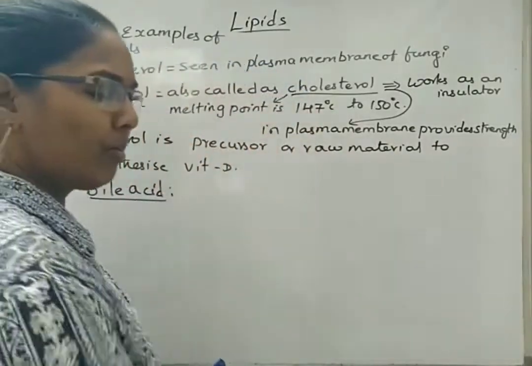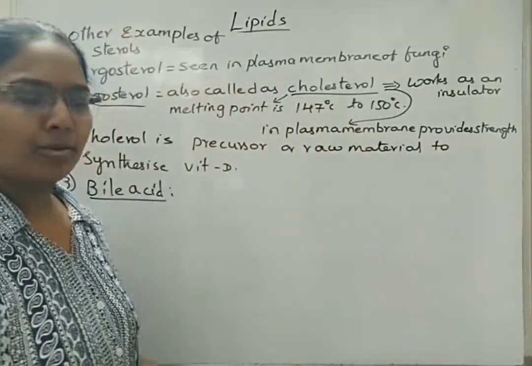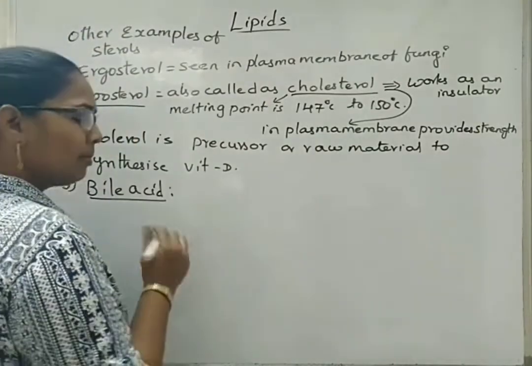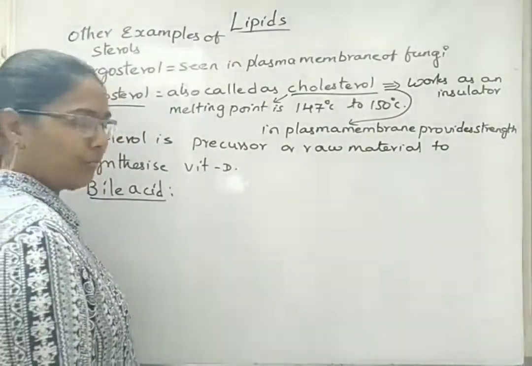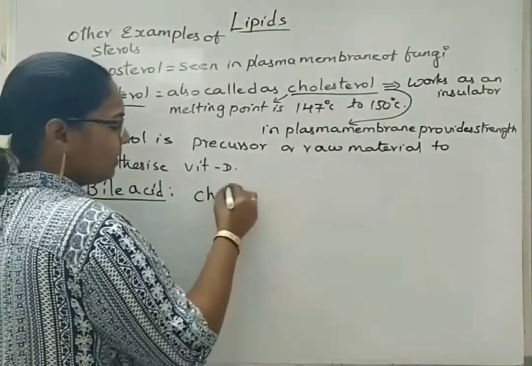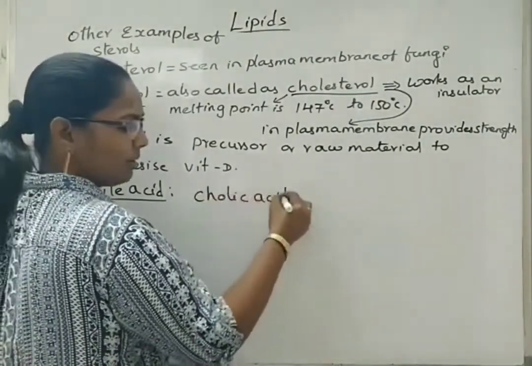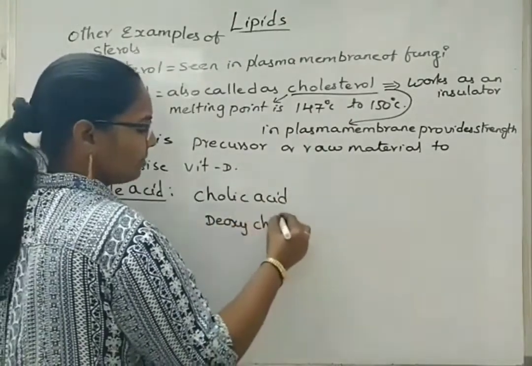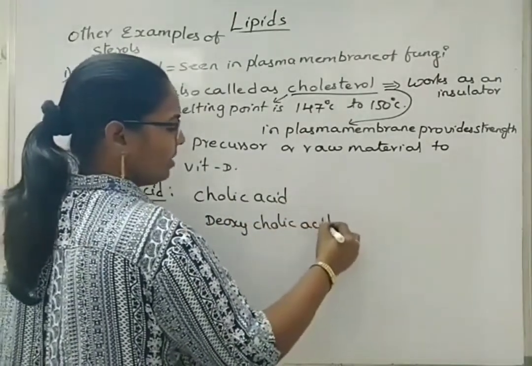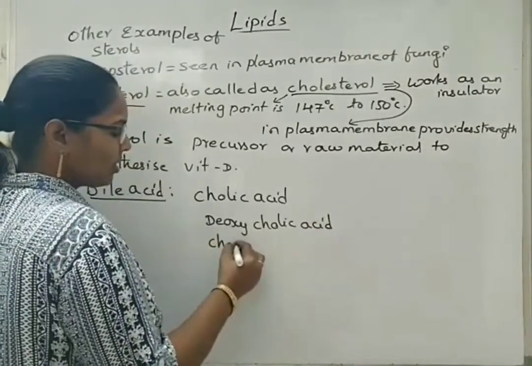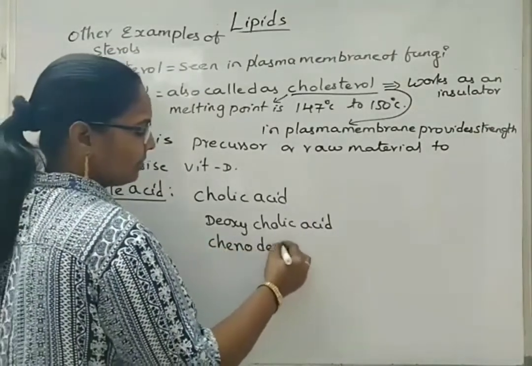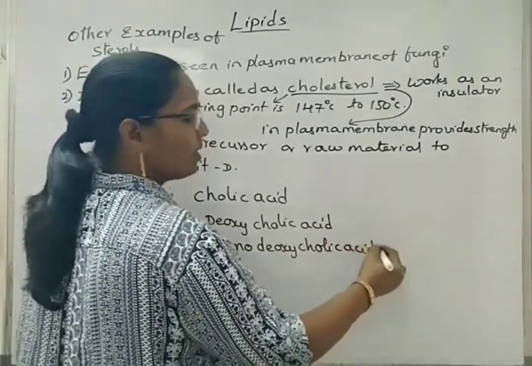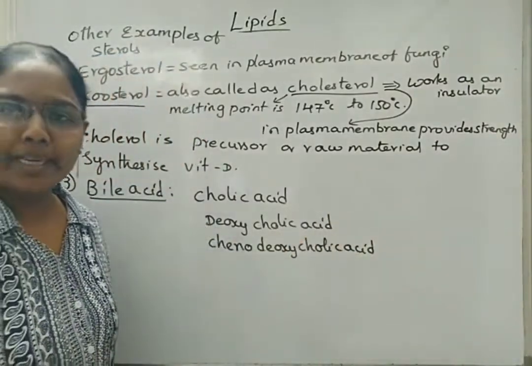Bile exists in the form of bile salts, bile acids, and also bile pigments. So now we are reading about bile acids. What are bile acids? What are they used for? Cholic acid, deoxycholic acid, and chenodeoxycholic acid. These three are considered to be bile acids.